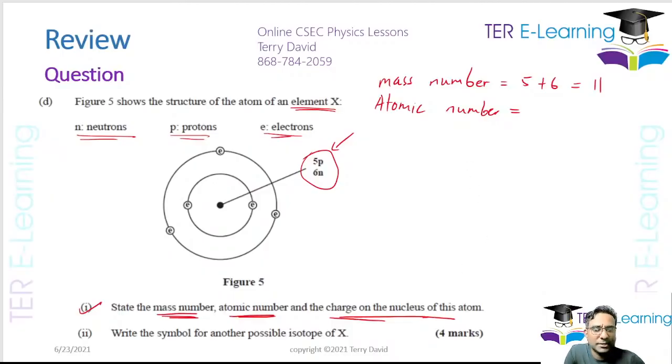All right, I've seen you all saying 5. Your atomic number is simply how many protons you have. You have 5 protons, so my atomic number here is 5. That's correct. And what about the last part? What is the charge on the nucleus? What is my charge on my nucleus?